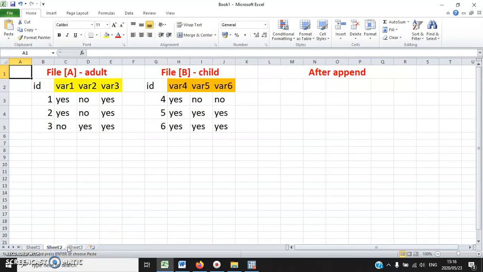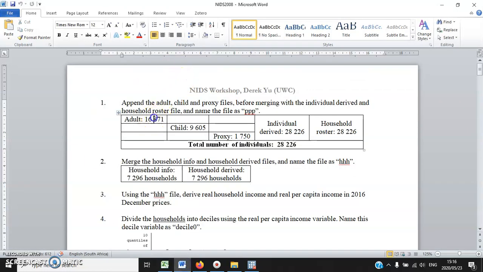Okay, and then what we are going to do now is to append the adult file, child file, and proxy file together. And then we would add up, and the total sample size at person level will be 28226. And keep in mind, I mentioned earlier, if someone took part in the adult questionnaire, he would not take part in the child questionnaire or proxy questionnaire.